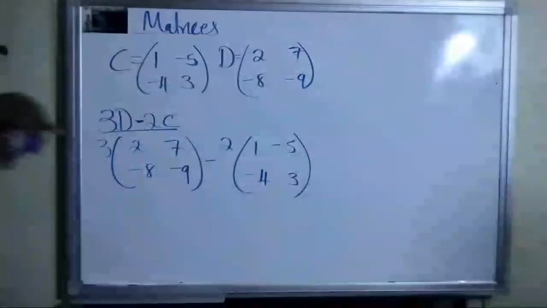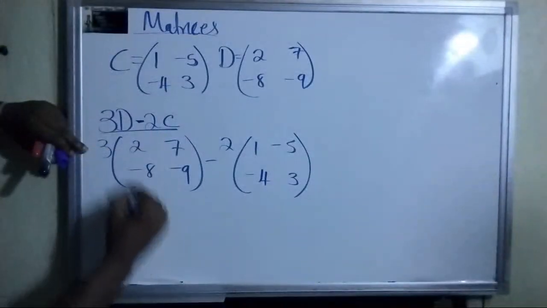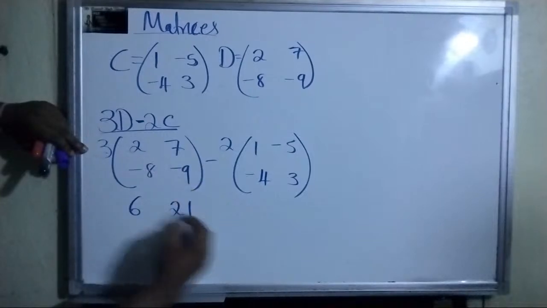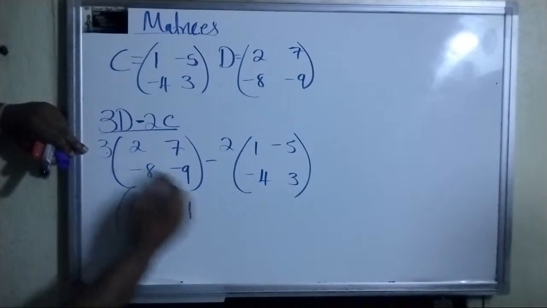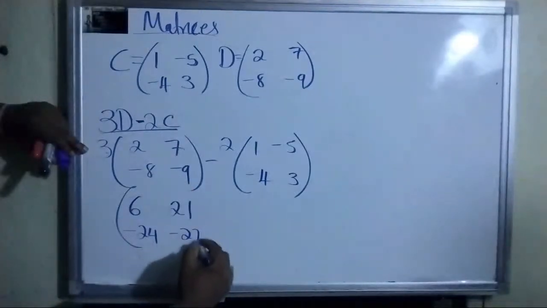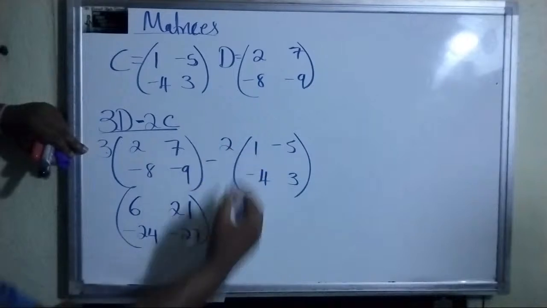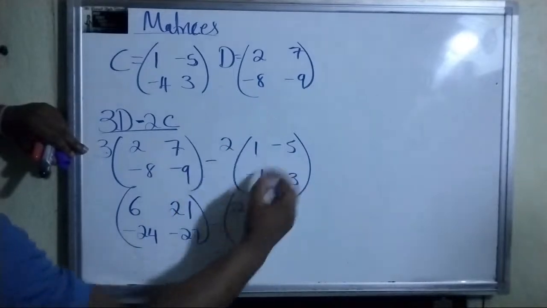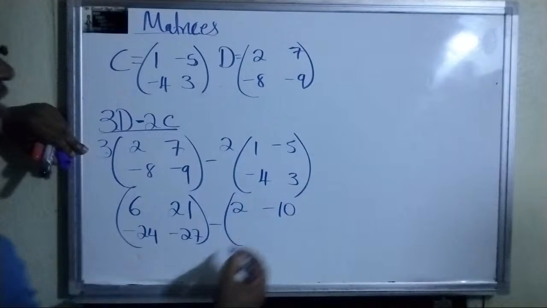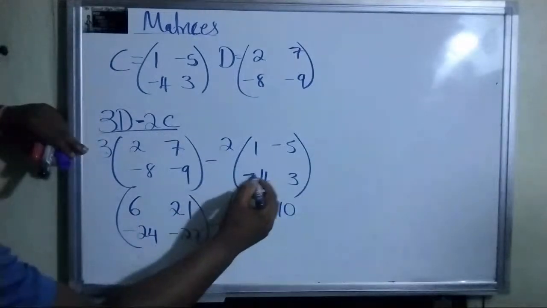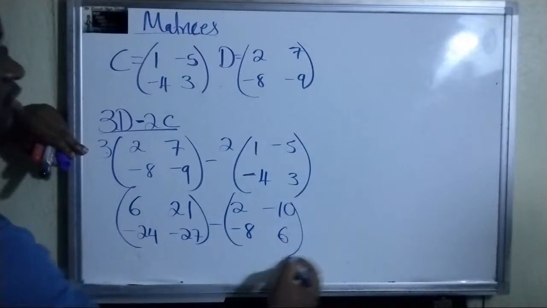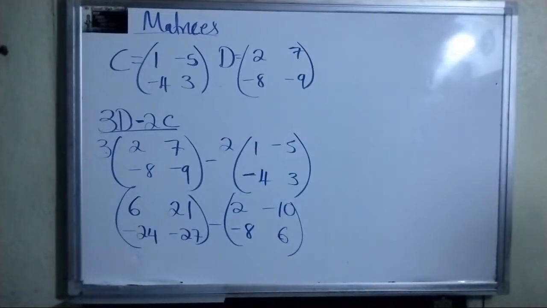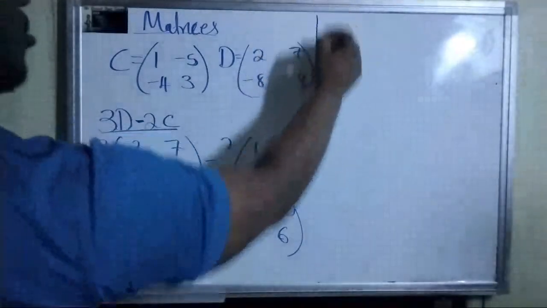So now we expand the bracket. 3 times 2, 6. 3 times 7 is 21. 3 times negative 8, negative 24. 3 times negative 9, negative 27. Minus 2 times 1, 2. 2 times negative 5, negative 10. 2 times negative 4, negative 8. And 2 3s are 6. So that was pretty easy. We just expand the bracket by the scalar factor. And then now we bring them together.